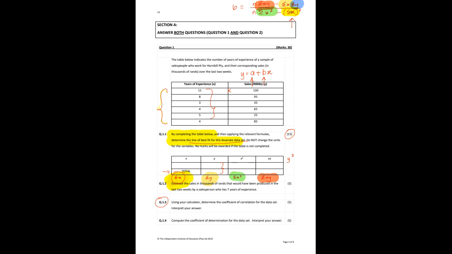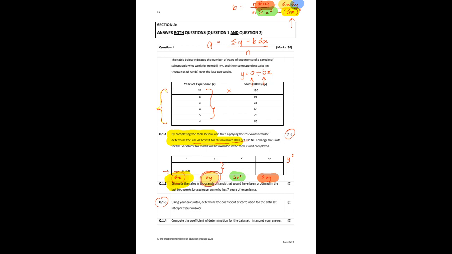So that's your formula for B. And then only once you're done with the calculation of B will you calculate A. And remember, this is because the value of B is needed for the formula for A, which would read the sum of Y minus B multiplied by the sum of X, and then that's over N. So again, here the sum of Y is just taken from the information in your table.